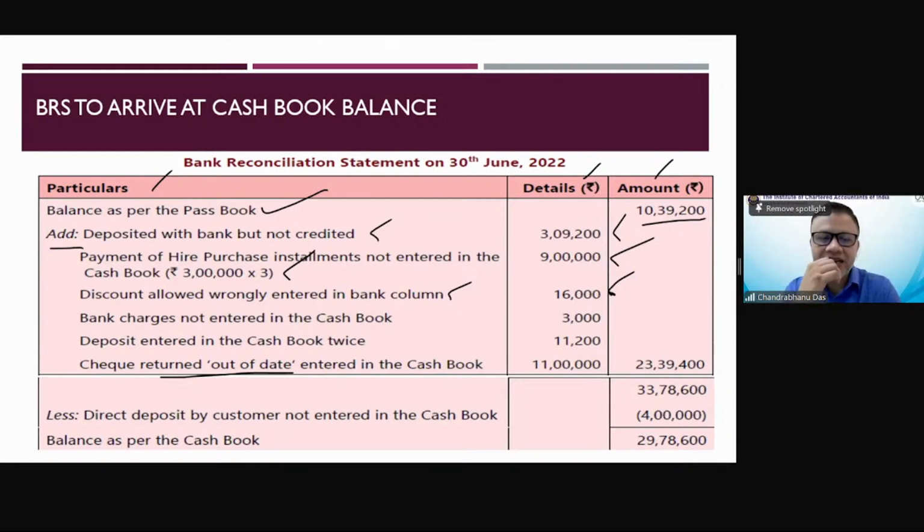Are you able to understand? Whenever we are going by the normal BRS from the balance as per passbook to cash book, we have to take all those things which should have been reflecting in the cash book. And we have to abandon all those things which are reflecting in the passbook. Am I correct?